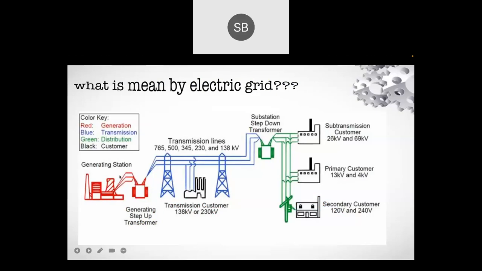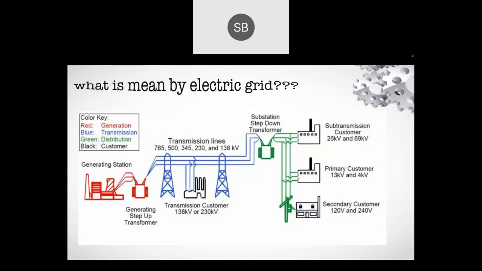So to carry this power from the generating station to the consumer, whatever grid is available, whatever transmission lines and distribution lines are available, all of these combined are known as the electric grid. So the electric grid transfers the power from the generating station to the final consumer. That is what is meant by electric grid.